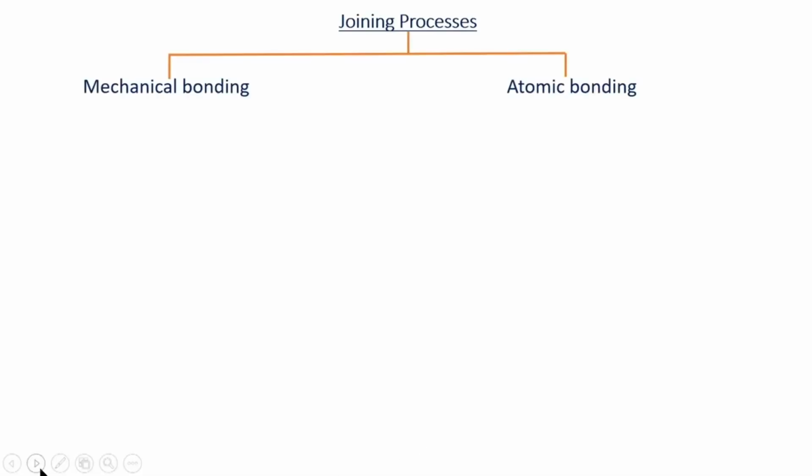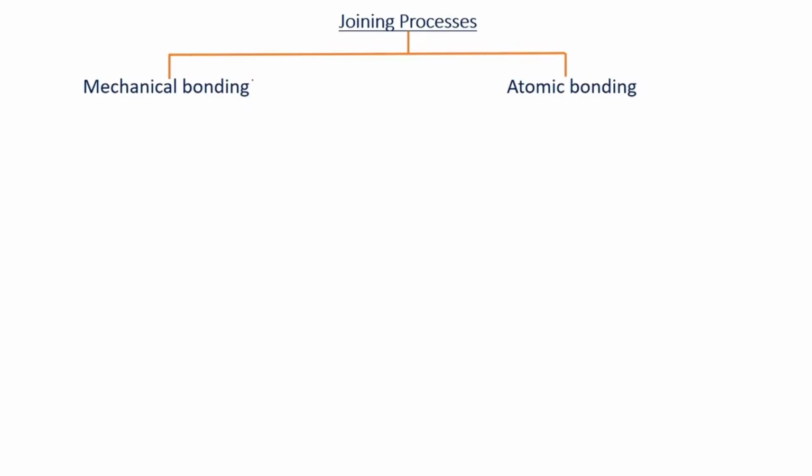So, we have to divide this complex system into small parts and then we can join them together by using a variety of processes. So, in joining processes we can have a variety of variants, and these variants can be categorized based upon the type of bonding.